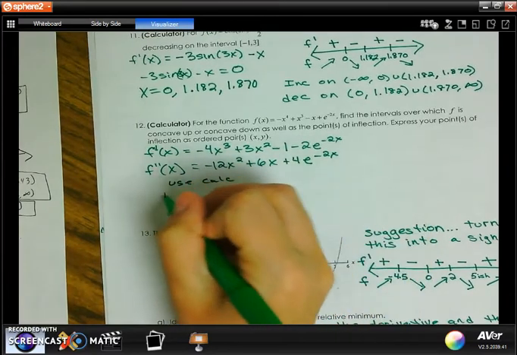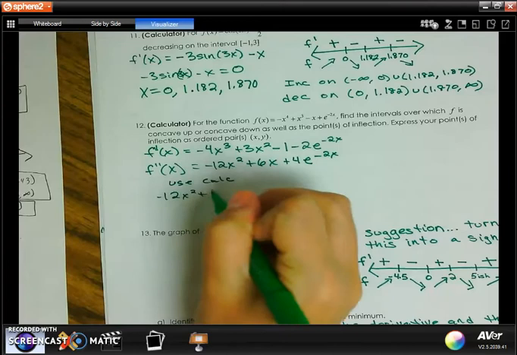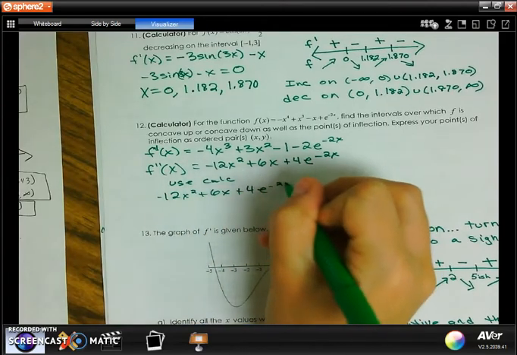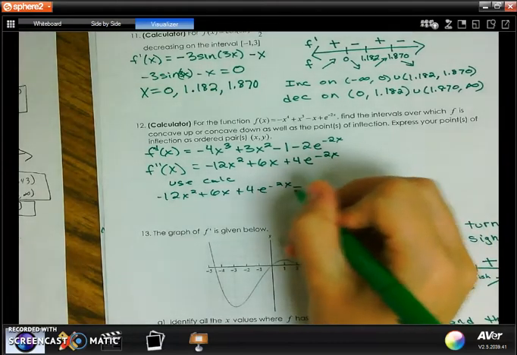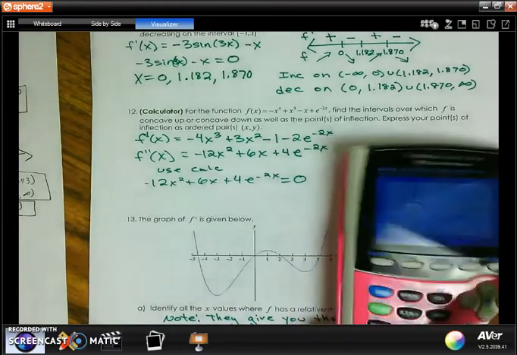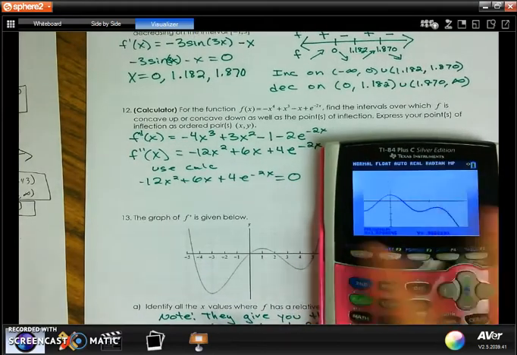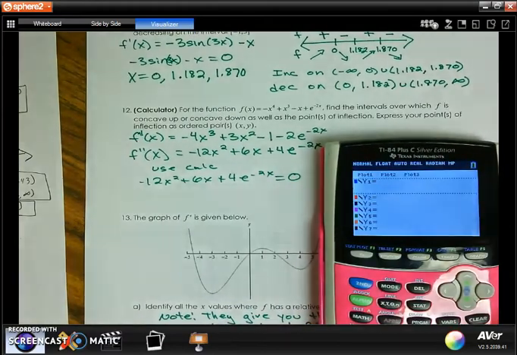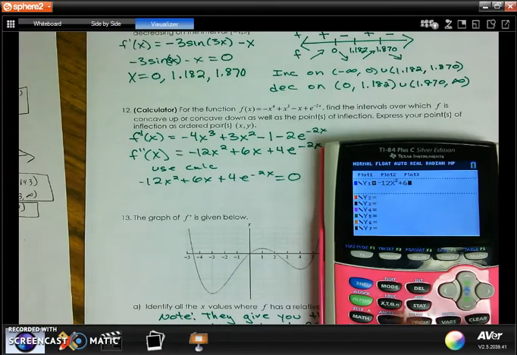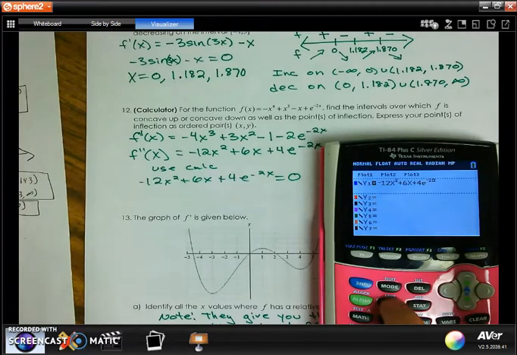To set this equal to 0, you just type it into the y equals of your calculator, and then we're going to find the zeros just like we did in the last problem. So I clear any junk out of there, and I'm typing this in: negative 12x squared plus 6x plus 4 times e raised to the negative 2x.